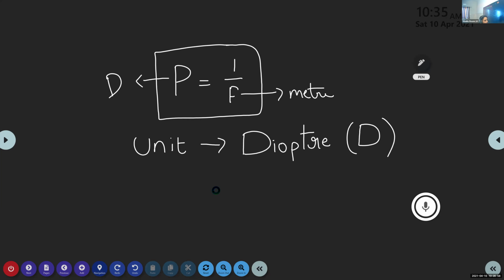Unmute and answer. Diopter. Very good. It is represented by which letter? D. Rose, equation for calculating the power of lens? 1 diopter is equal to 1 divided by 1 meter. That is 1 diopter. My question is the equation for calculating the power of lens. P is equal to 1 by F. Very good.